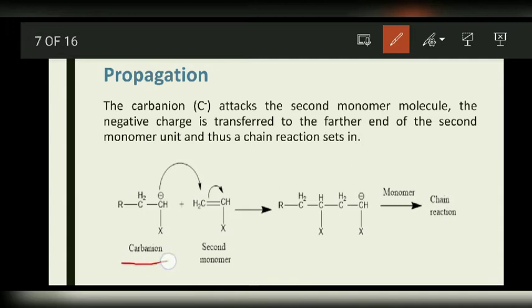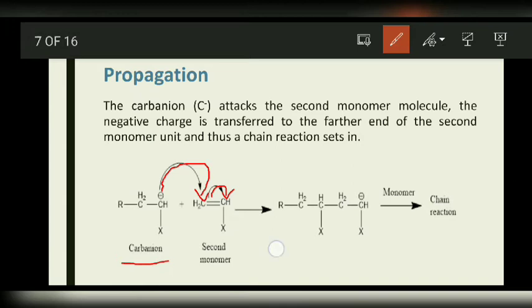See here, this is the carbanion obtained in the initiation step, and this negative charge attacks the second monomer molecule, and the negative charge is transferred to the farther end of this second monomer unit.